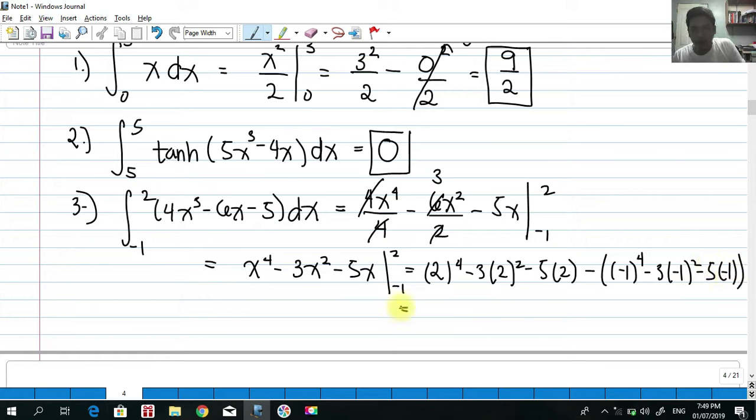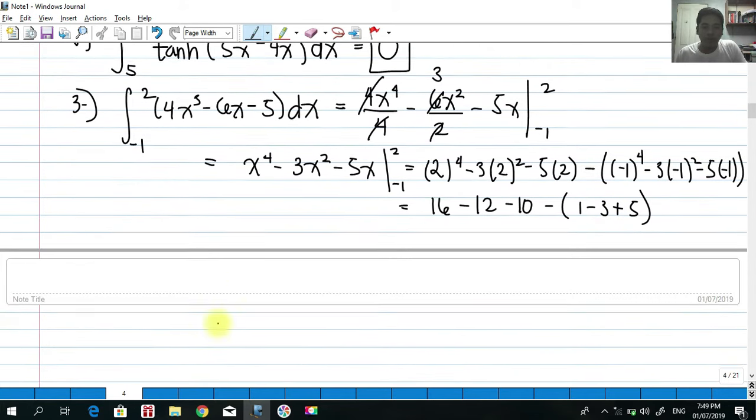So 2 raised to 4 is 16, minus 4 times 3, that is 12, minus 10. Then -1 raised to 4 is positive 1. -1 squared is positive 1 again, multiplied by -3, we have minus 3. -5 times -1 is plus 5.